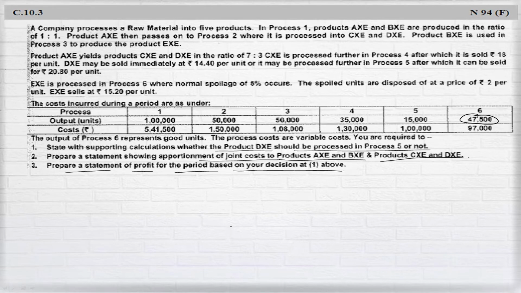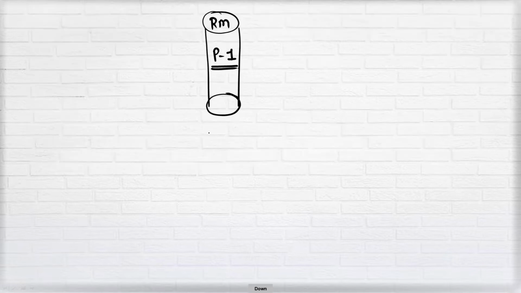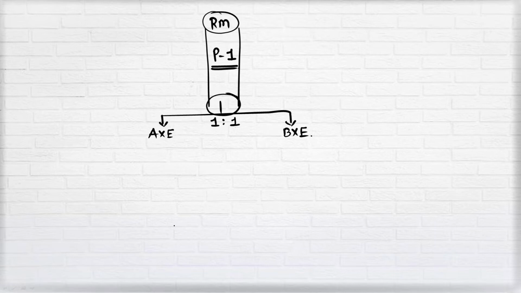In process 1, say this is process 1, product AXC and BXC are produced in the ratio of 1:1.